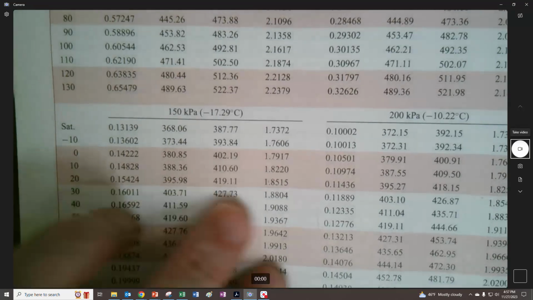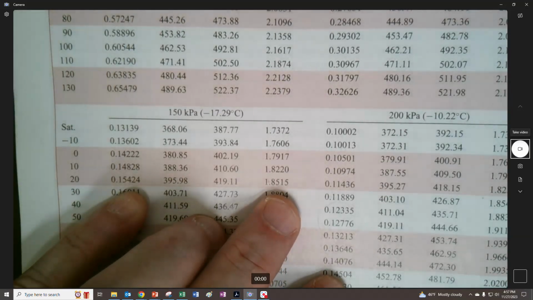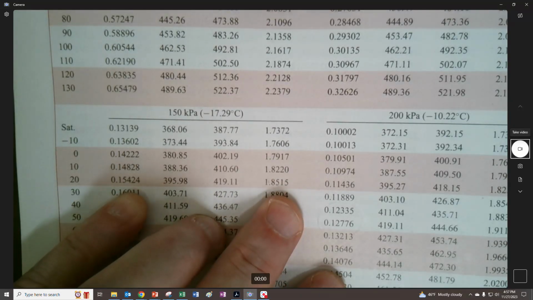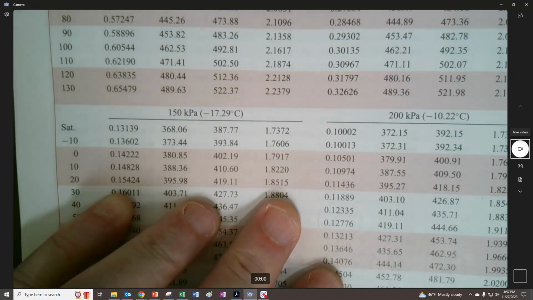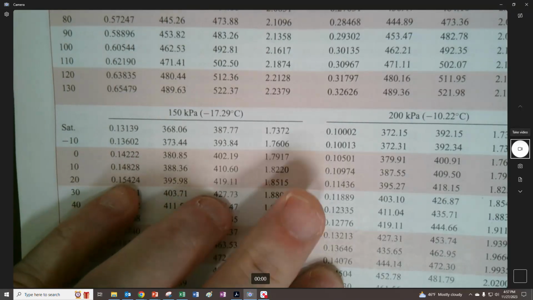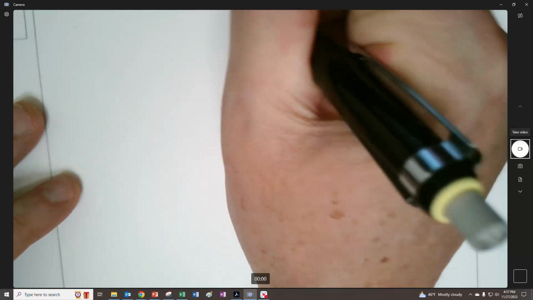We can find the volume if we wanted to, but I don't think we need to. All we need is, no, we do need the volume, right? We do need the volume just in case. So we'll take out the specific volume and the entropy right here. So it's state 1, T, and let's change this up.